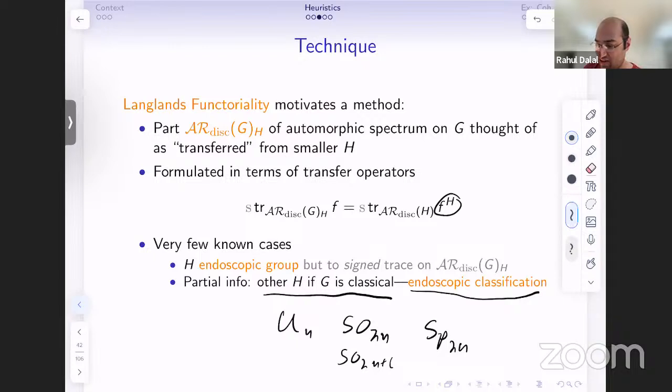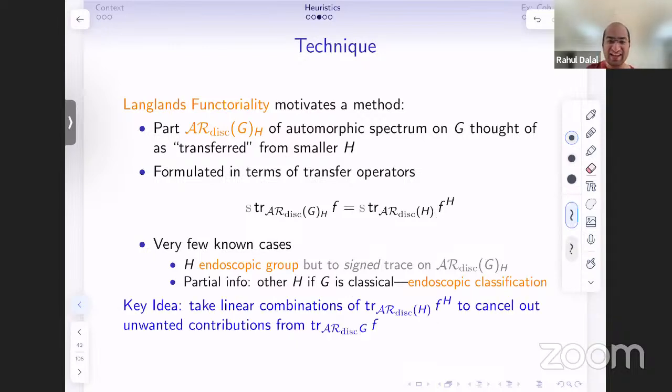Okay, so the key idea that we want to use here is basically this: instead of trying to count on G just the representations that we care about, we're going to count those representations plus a bunch of extra noise around those representations.